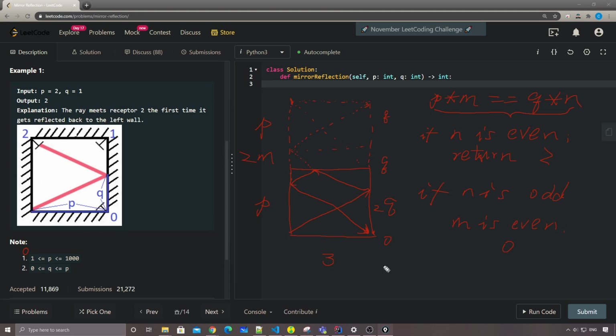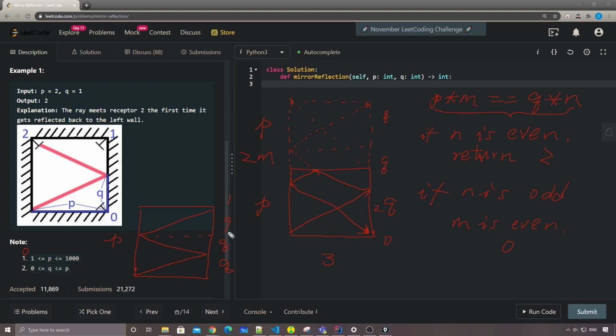So another scenario is like this: we have 1, 2, and 3. In this case, as you can see, we are reaching receptor 1 here. So we have one p, and we have 3 q's here, right?